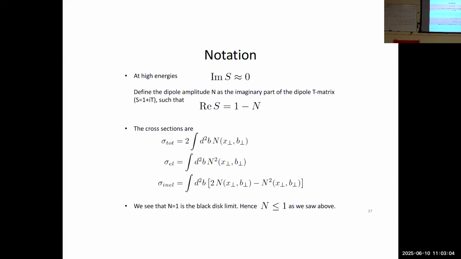So let me quickly sketch here the space-time representation. Remember, the dipole is moving to the left along the x minus axis. Our nucleus is moving to the right along the x plus axis. So this is our nucleus, and the dipole goes through, so let's say each line is a nucleon.